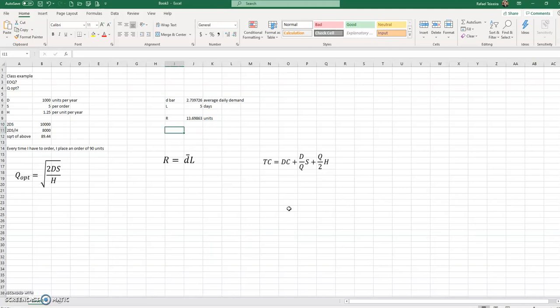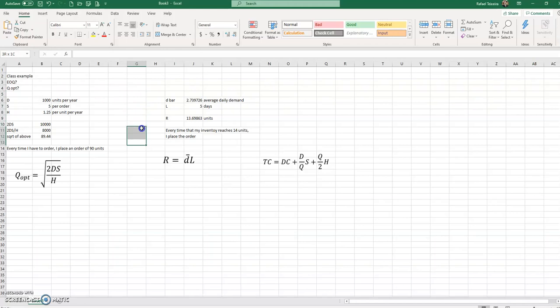What this means is that every time my inventory reaches 14 units, I place the order. Remember, every time I place the order, I order 90 units. So my inventory goes up to 90 units, and then I start using the units and it goes down and down.